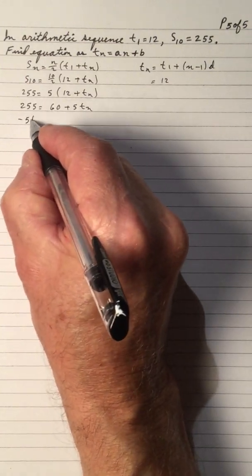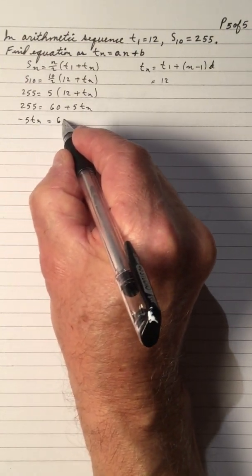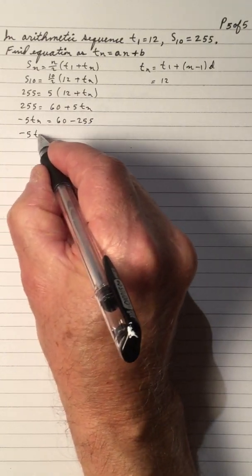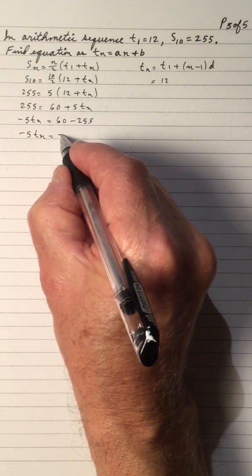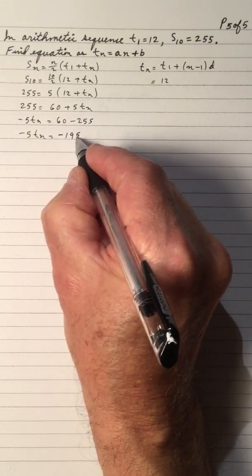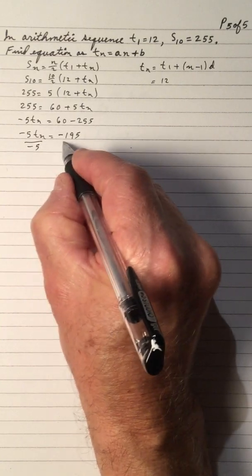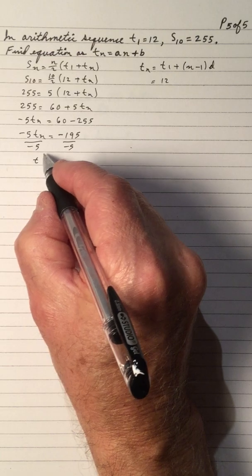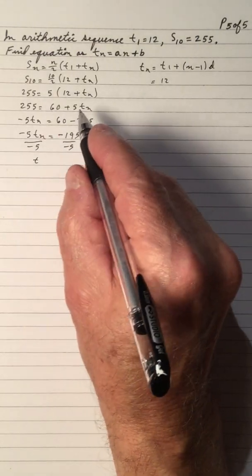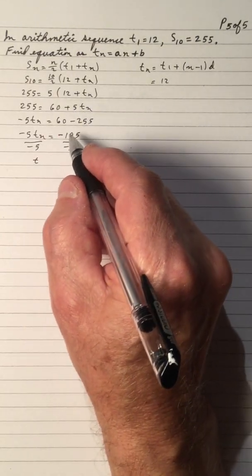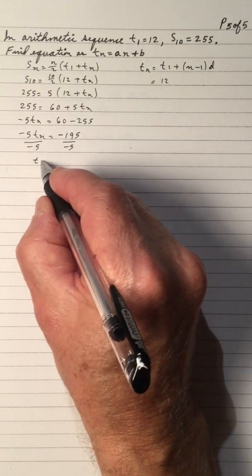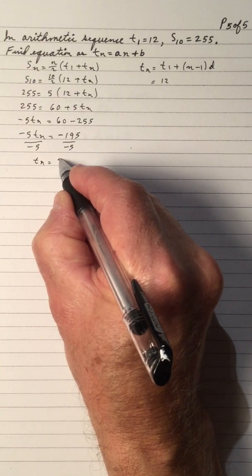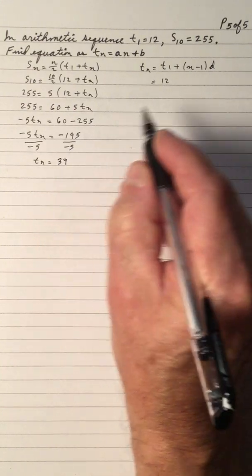So negative 5 Tn is 60 minus 255. Negative 5 Tn is negative 195, and divide by negative 5, and Tn comes out to be 39.